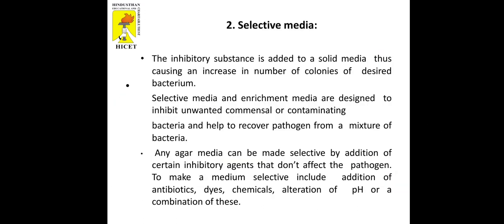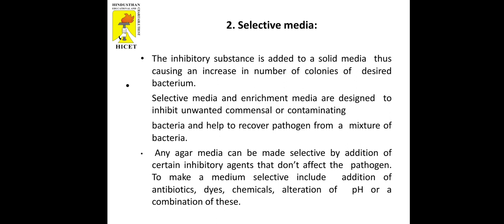Selective media. An inhibitory substance is added to a solid medium, thus causing an increase in the number of colonies of desired bacteria. Selective media and enrichment media are designed to inhibit unwanted commensals or contaminating bacteria and help to recover pathogens from a mixture of bacteria.